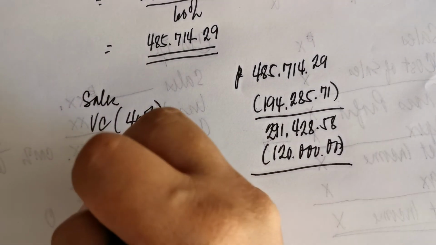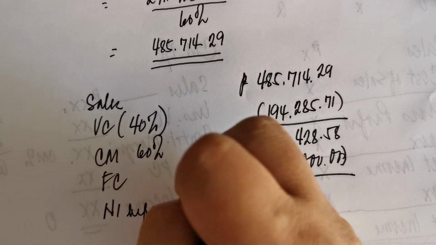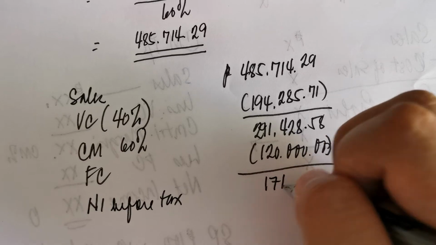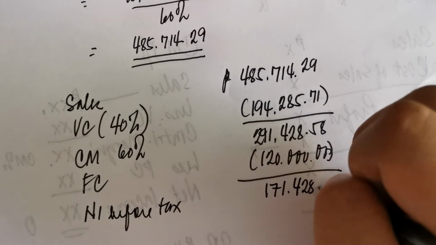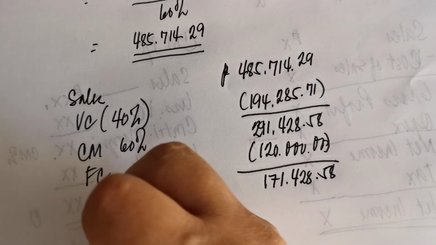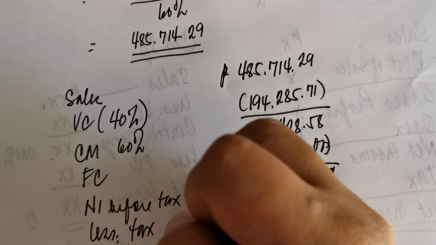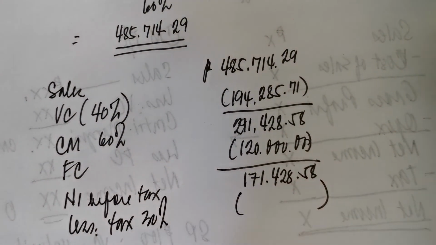So therefore, your net income before tax is 171,428.58. Less the tax, and that is 30% of net income before tax, times 0.3.